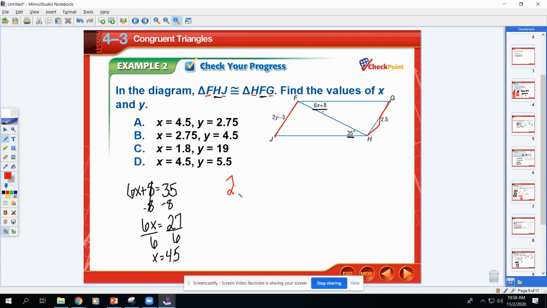So we're going to say here 2y minus 3 is equal to 2.5. So here we're going to add a 3 and then divide both sides by 2. So y here is going to equal 2.75.